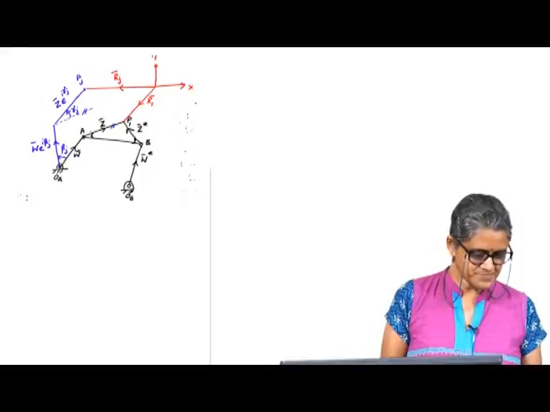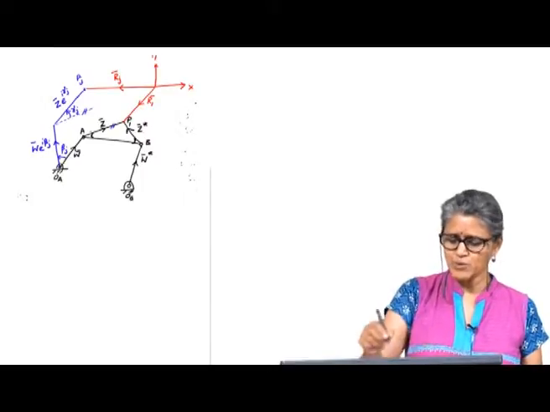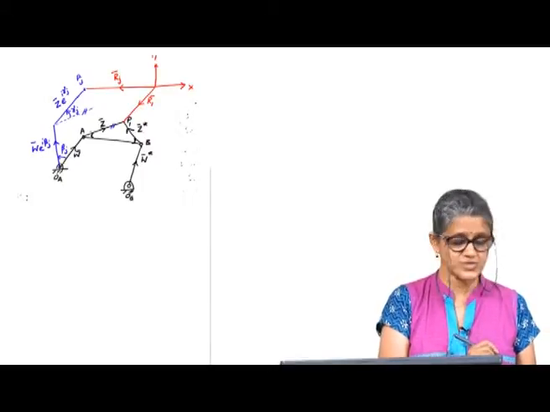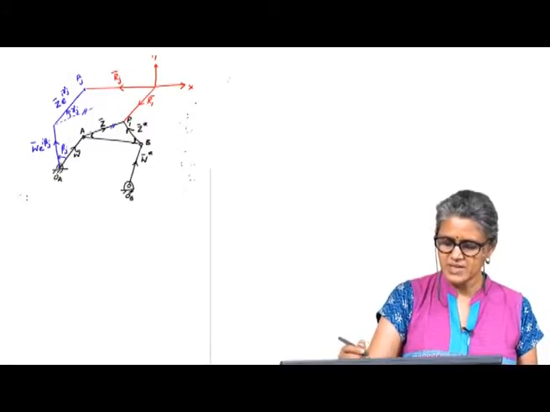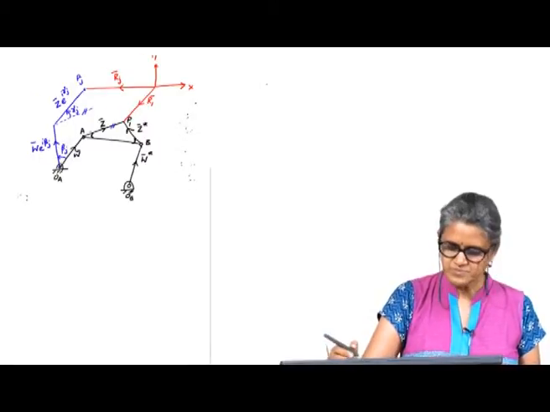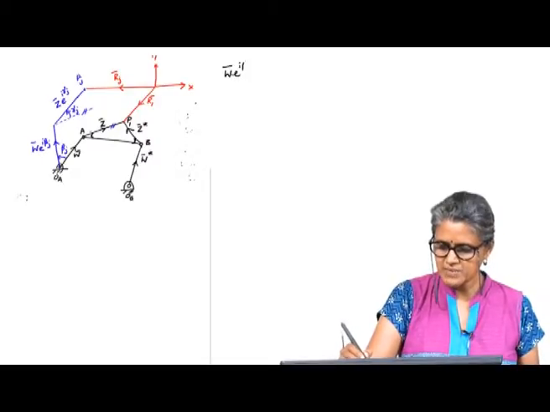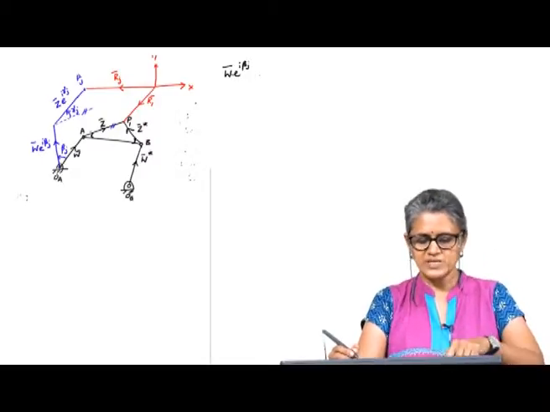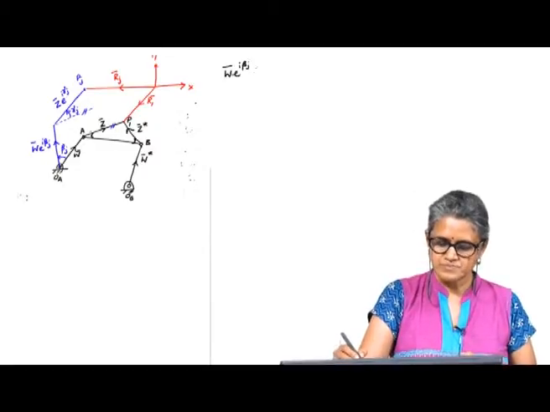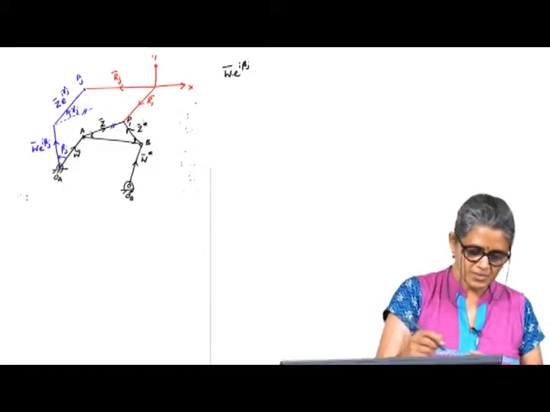So, let us say I want to write the loop closure equation for this. Okay. If I look at this, I can write this as W e power I beta j, starting from here. Okay. One more thing.